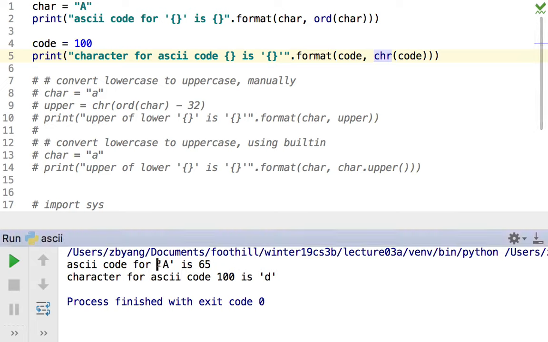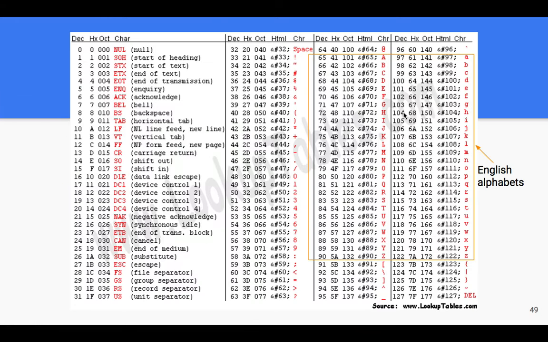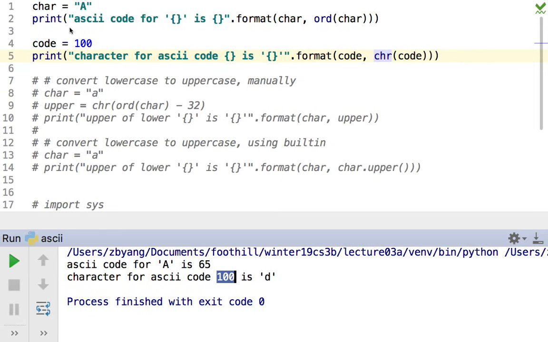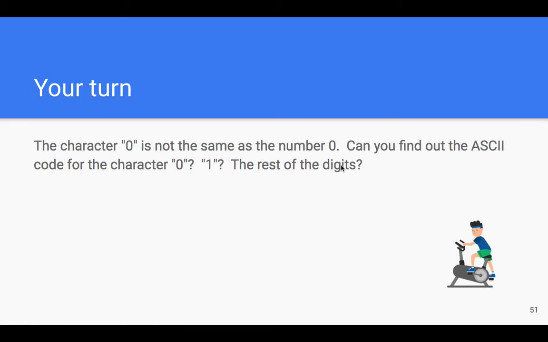It shows what you expect: the capital A's ASCII code is 65, and 100 is a D. Obviously you can change this around. You can say B, and then B is 66, C is 67, and so on.